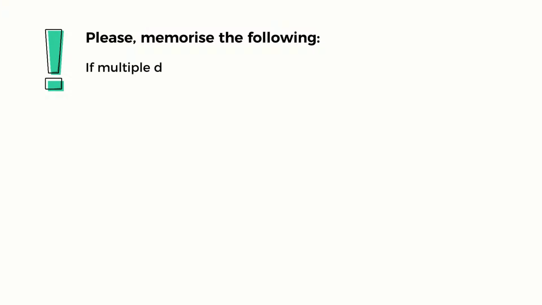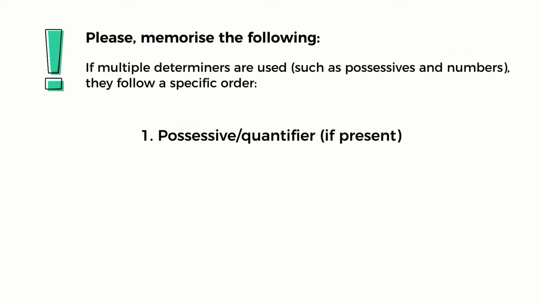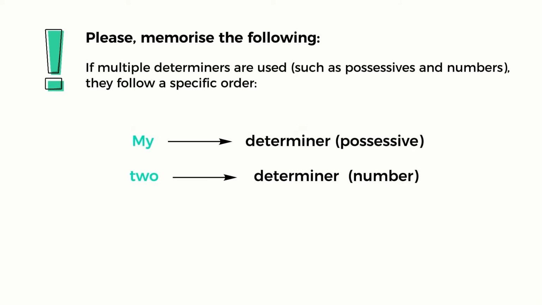If multiple determiners are used, such as possessives and numbers, they follow a specific order. 1. Possessive or quantifier, if present. 2. Number, if present. 3. Adjective. 4. Noun. Example: my 2 favorite books.